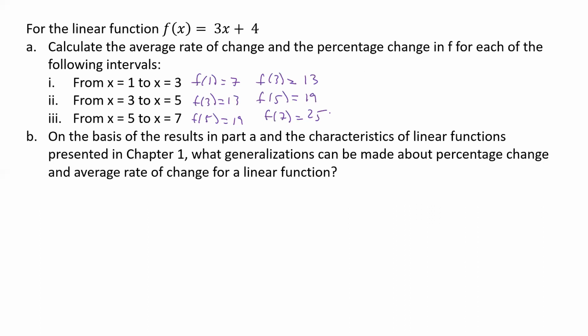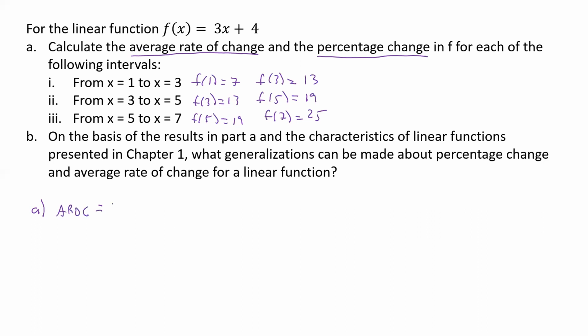Okay. So now we have to do all the calculations. So what do we have here? For A, we have AROC and percentage change, because we have to find the average rate of change, AROC, and the percentage change. So let's find AROC first.